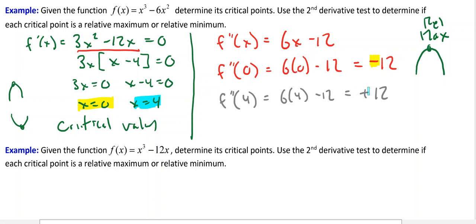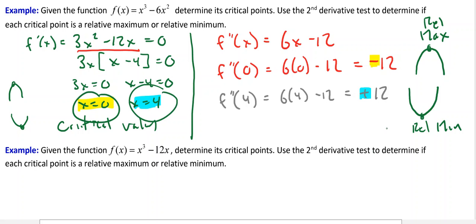What we're really concerned with is that the second derivative at 4 is positive. That means we have a graph that is concave up at that point. And if it's concave up, then we have a relative minimum. So we have a minimum at 4 and a maximum at 0.